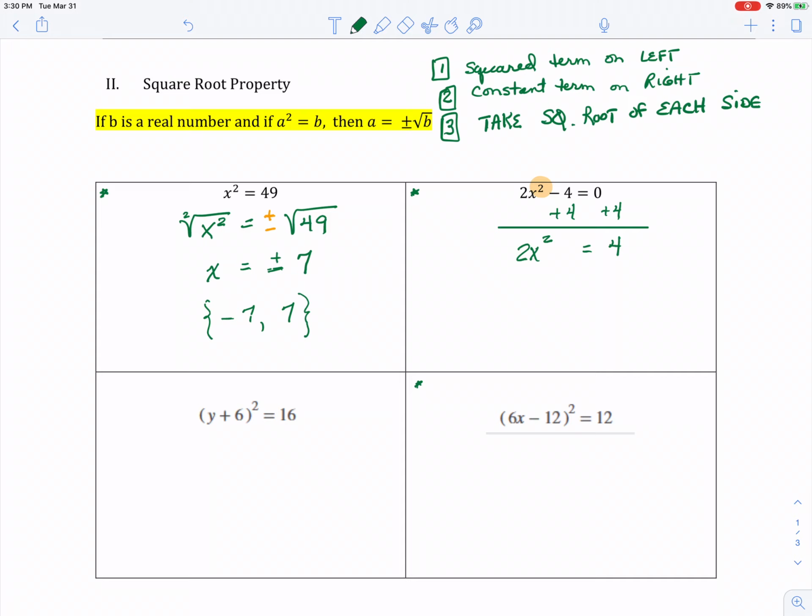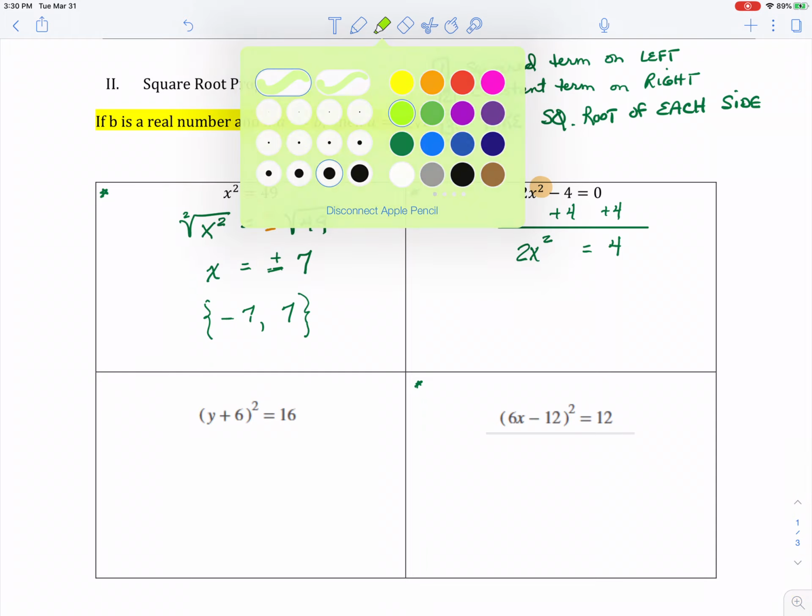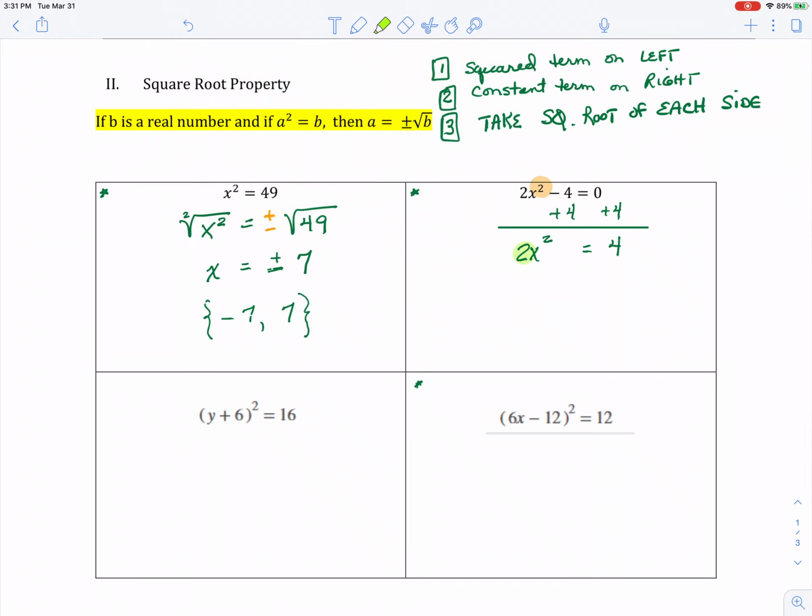Now, the thing that's a little bit different from the previous one is that this one now contains a multiplier of 2 sitting in front of the x squared. So the next thing you're going to see me doing is dividing each side by 2, because my goal is to isolate the base and the power 2. So I want the x squared all by itself.